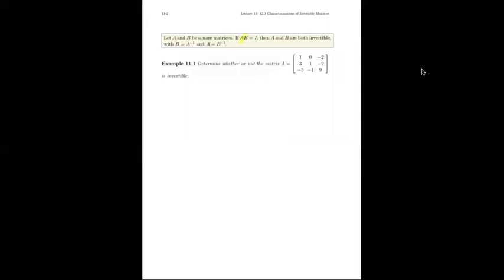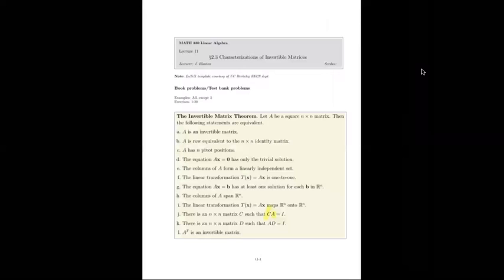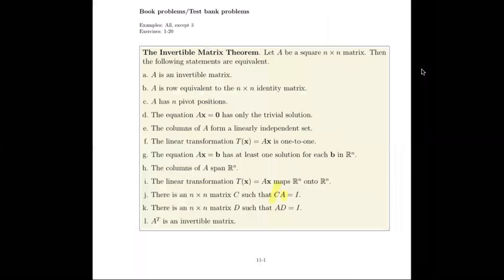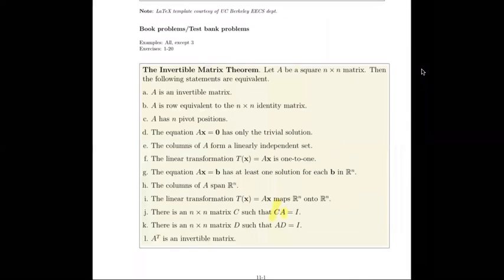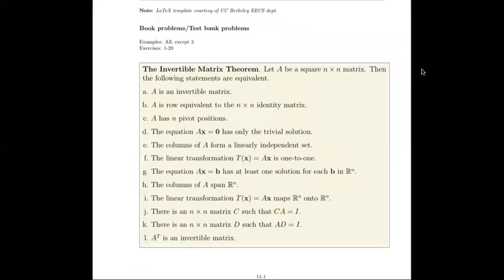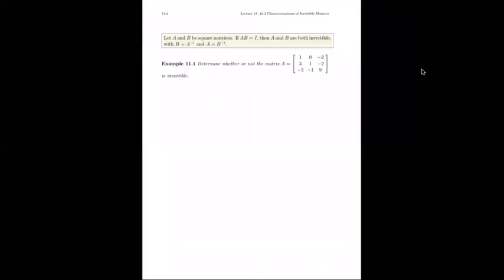We get the identity, and that means that this matrix B is also invertible, for similar reasons. So A and B are invertible, so that falls right out of this equivalence theorem, the invertible matrix theorem. And then its inverses are B equals A inverse and A equals B inverse.